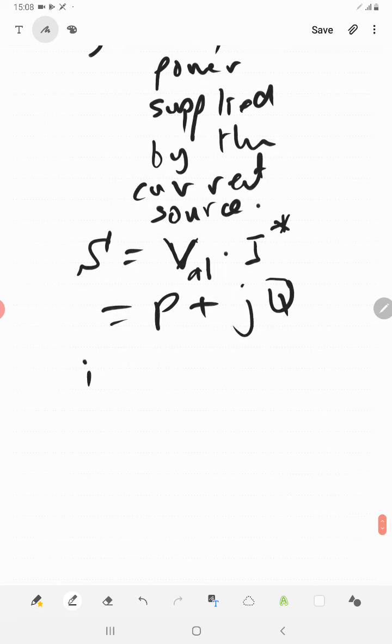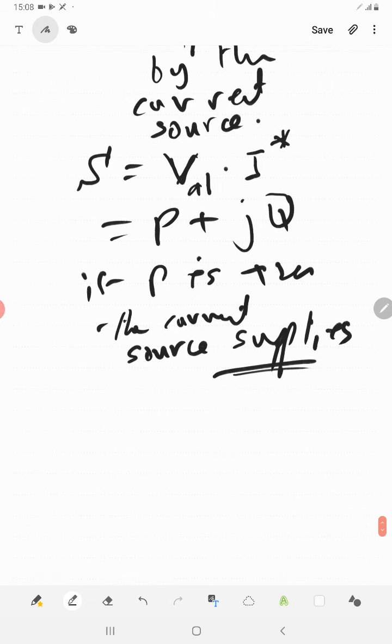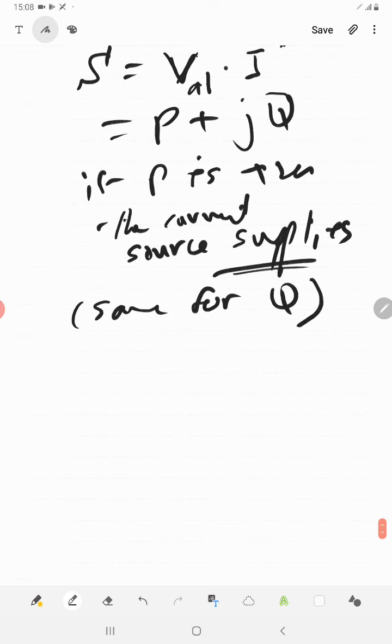Okay? If P is positive, then the current source supplies. Same for Q, okay?